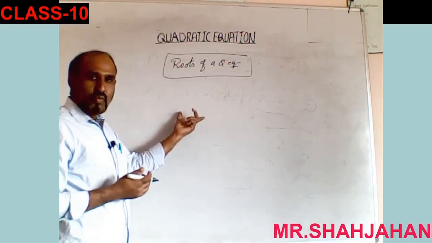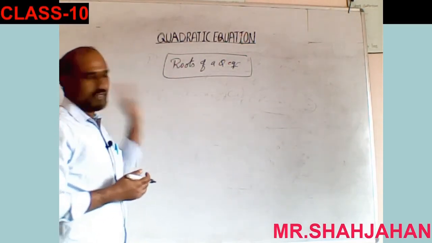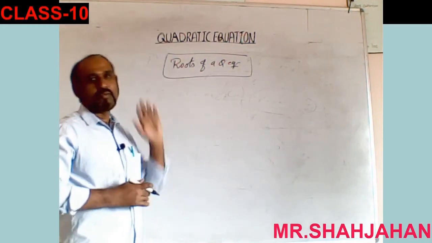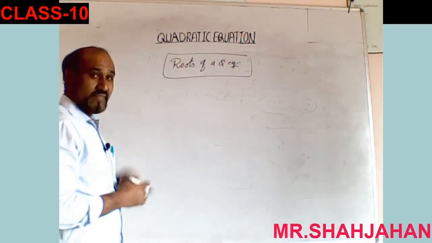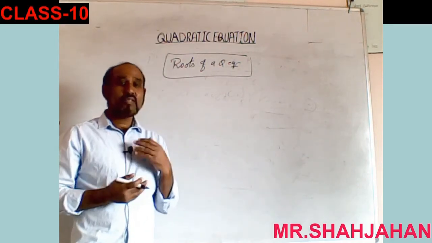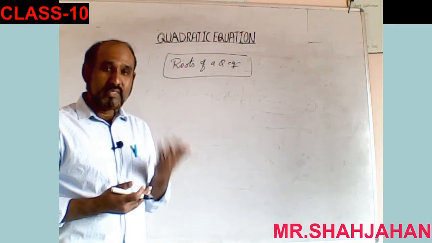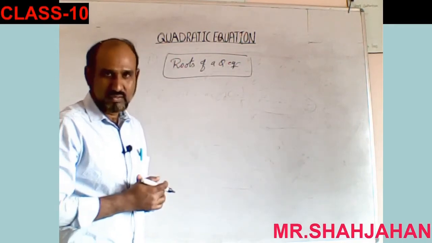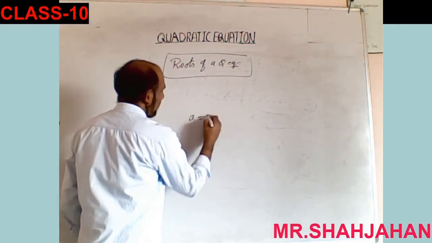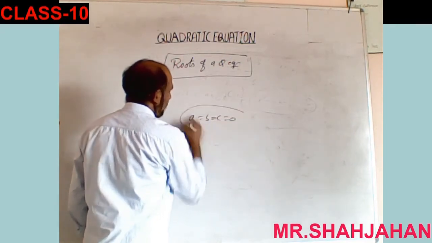At most 2 roots we will get for a quadratic equation. How many roots will we get? At most, maximum 2 roots. If a quadratic equation is satisfied by more than two distinct roots, then it will be an identity, that is a is equal to b is equal to c is equal to 0.